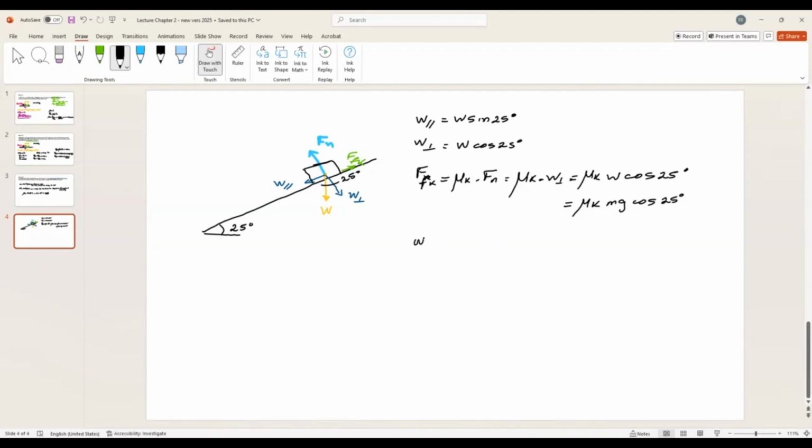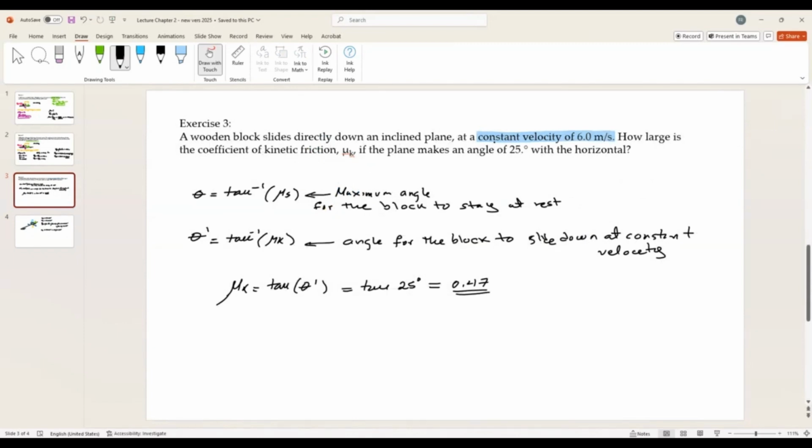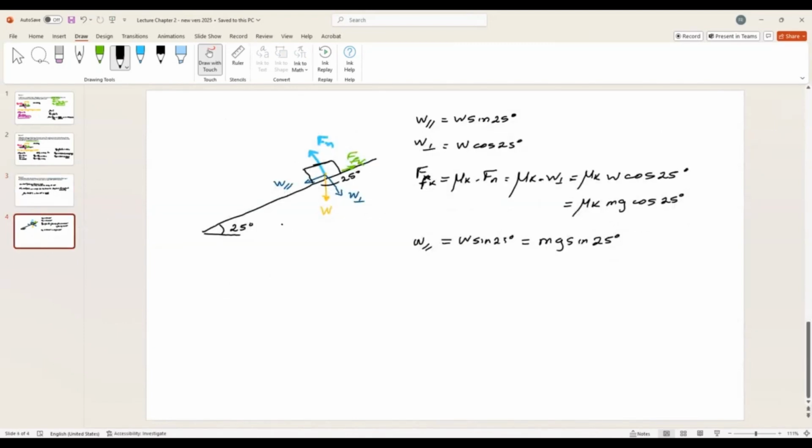Now, W parallel, we know that is W sine of 25 degrees. So it's mass gravity sine of 25 degrees. Now, they said something interesting here. They said we have a constant velocity of 6 meters per second.